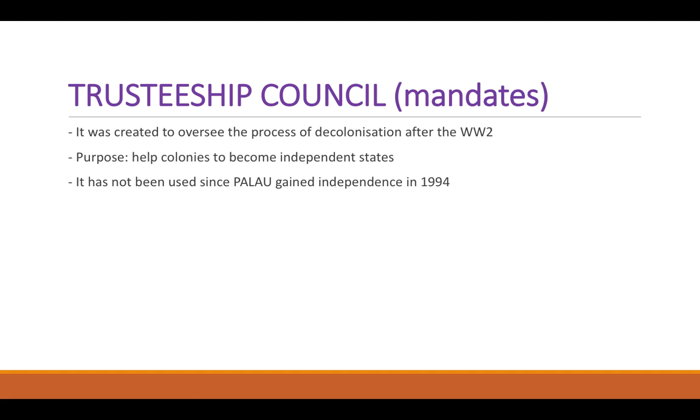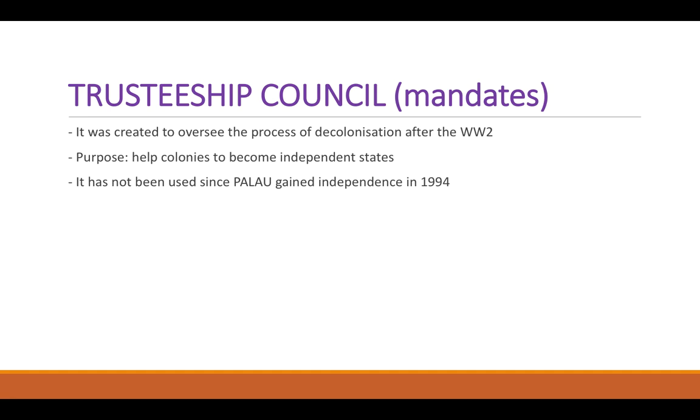Now, one of the organs of the United Nations is paralyzed today. Officially it exists, but it really doesn't do any work at the moment because there's no need for it. It's the Trusteeship Council. It replaces the Mandates Commission of the League of Nations.